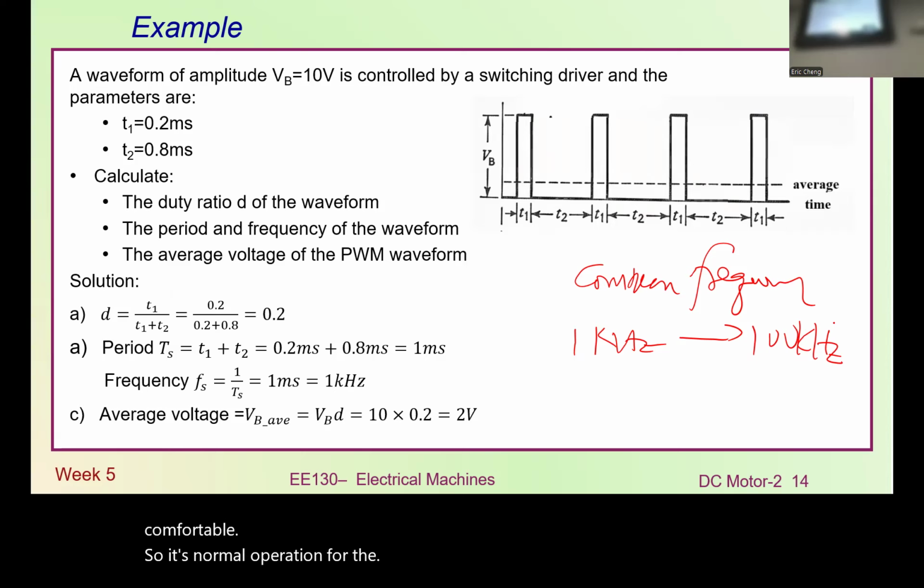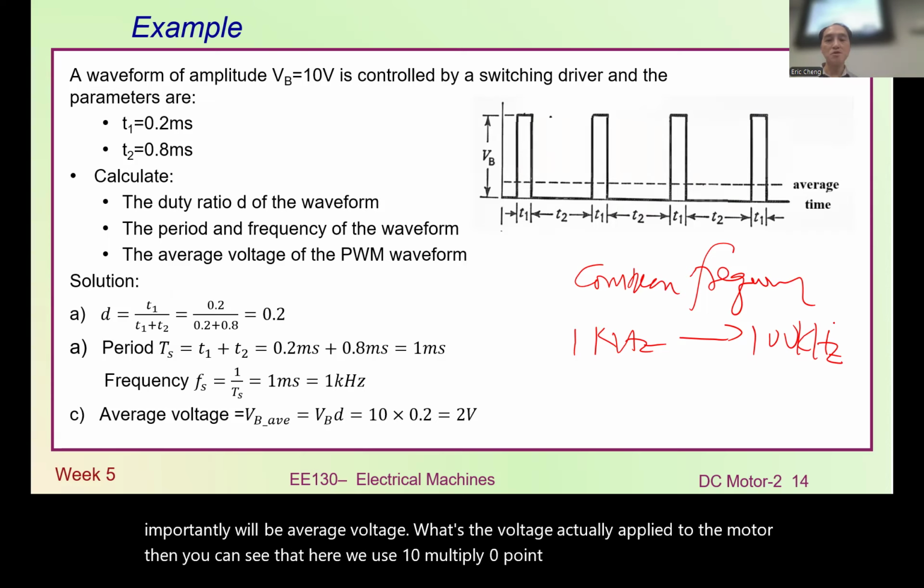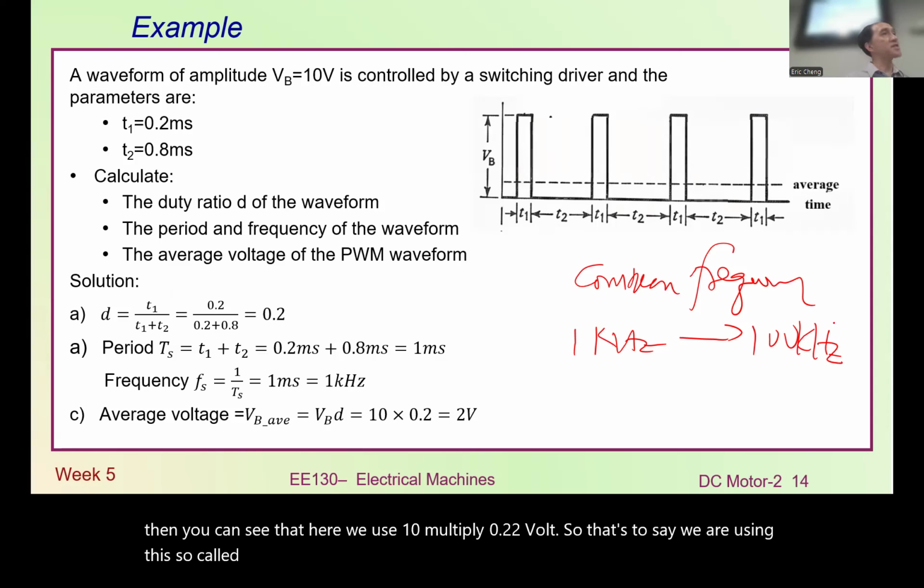So the frequency, 1 kHz, is how we measure that. More importantly will be the average voltage. What's the voltage actually applied to the motor? Here we use 10 multiplied by 0.2, 2 volt. So we are using this so-called PWM to adjust the average voltage to the motor, which becomes 2 volt.